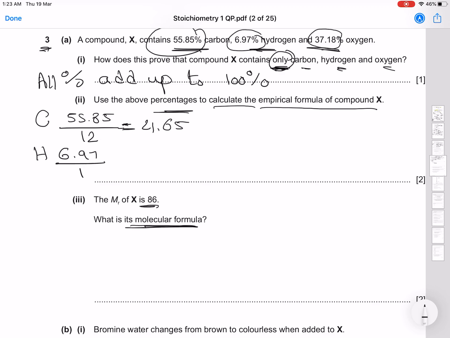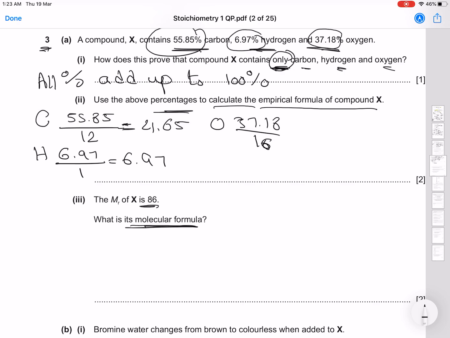6.97 divided by 1 should be the same, 6.97. And then the last thing, which should be the oxygen, 37.18 divided by 16. Take care, guys, don't do O2.